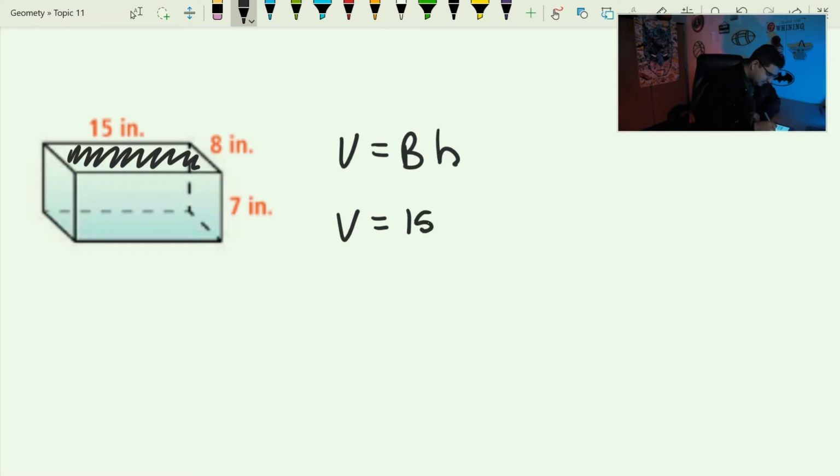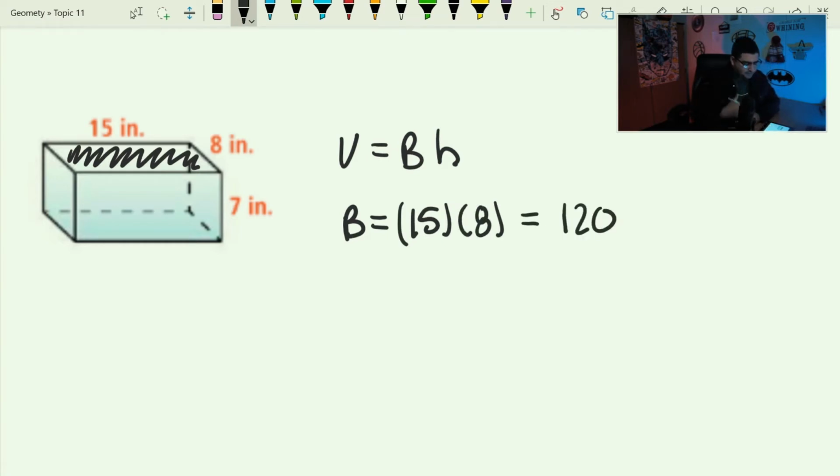So this is 15 times 8, that is my base, times the height. Well, let's do it this way. B is going to be 15 times 8, which is equal to 120. So now that I know what B is, I can plug this back in. V, the volume, is going to equal 120 times 7.